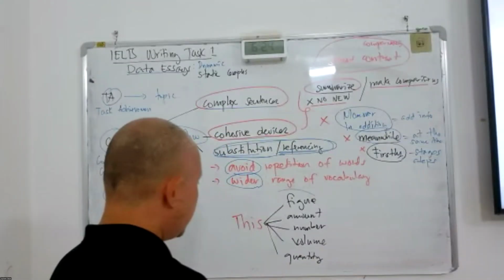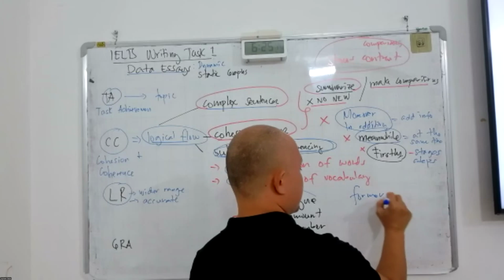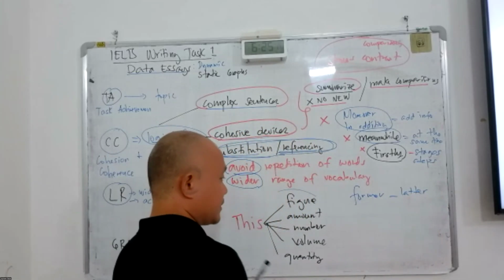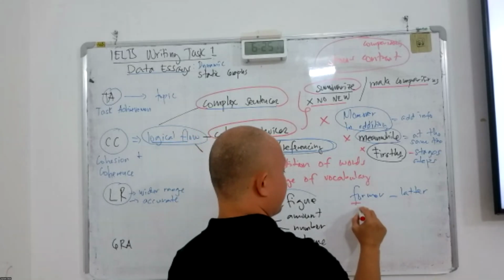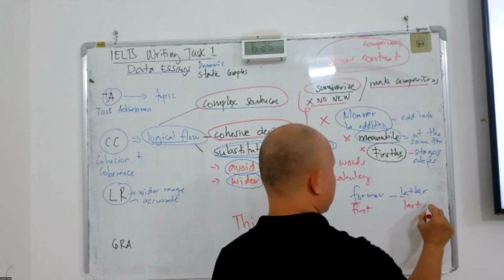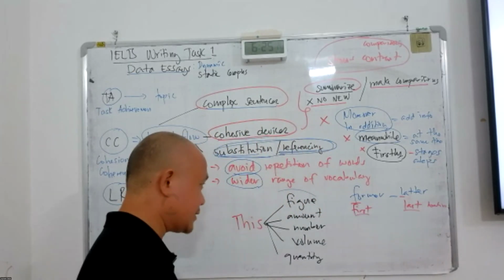And then the second one is the use of former and latter. Former and latter is very easy to identify. So F here stands for first mentioned, and L here stands for the last mentioned. The first mentioned and the last mentioned. That's our former and latter.